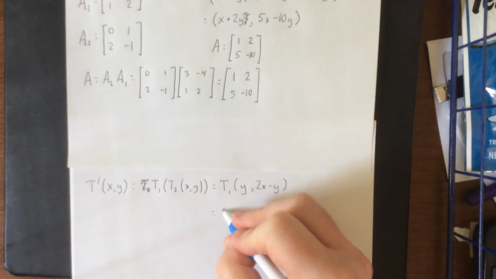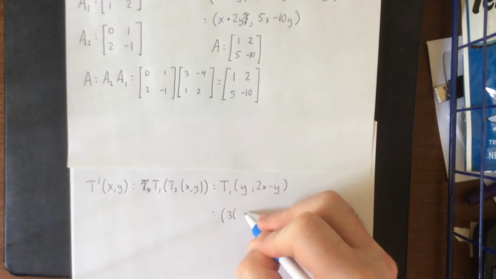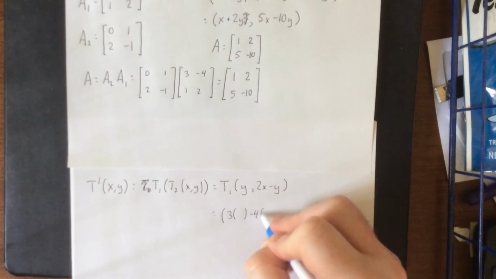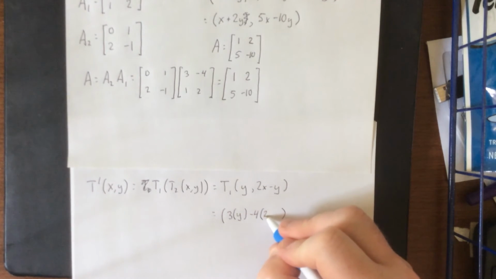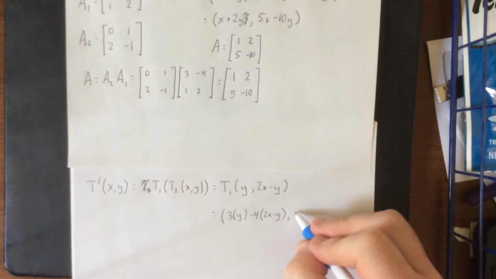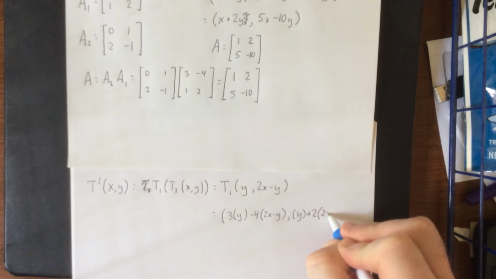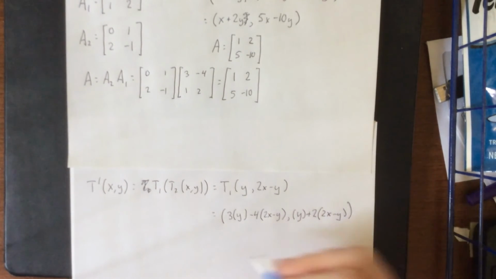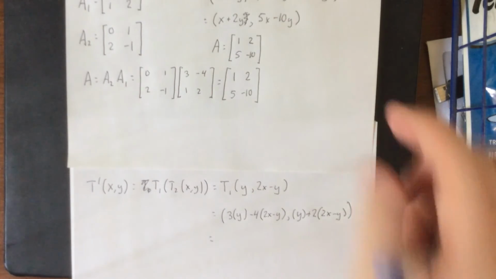Now what T1 does is it says let's take 3 times the first component minus 4 times the second component. So 3 times y minus 4 times 2x minus y. Then for the second component, we're supposed to do first component plus 2 times the second component. Whole bunch of linear combinations to try to simplify here.